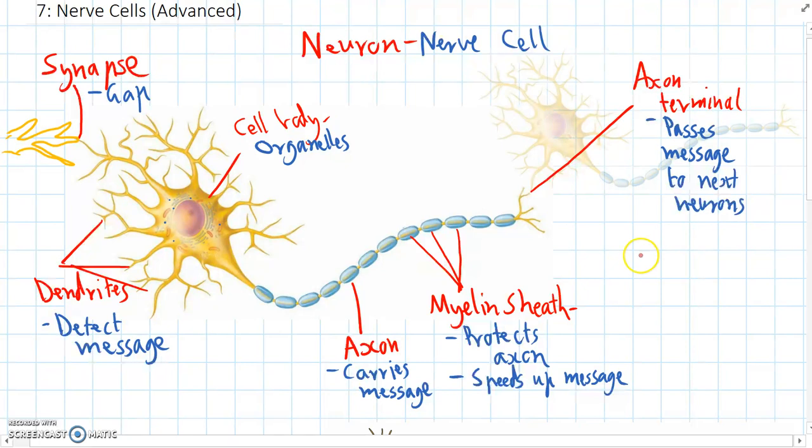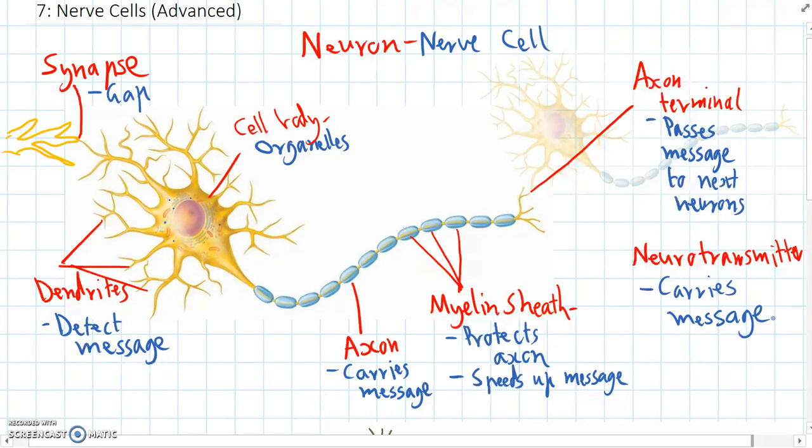And in that gap, there's a small chemical that's released called a neurotransmitter, which carries the message across the synapse to the next neuron. There are a few different types of neurotransmitters, but we won't go into detail about those today. So the neurotransmitter carries the message from the axon terminal across the synapse to the next neuron.